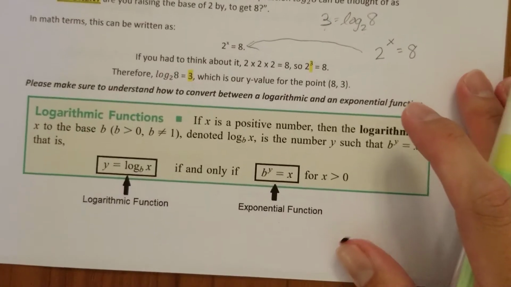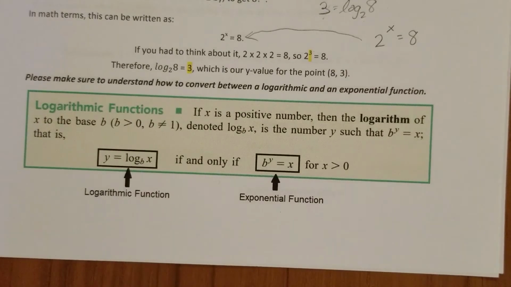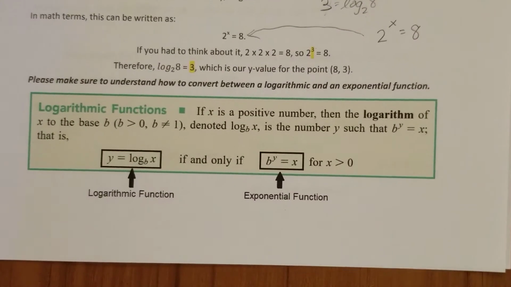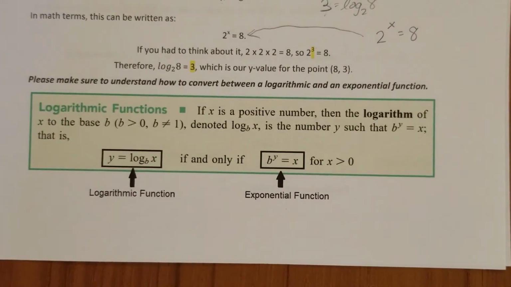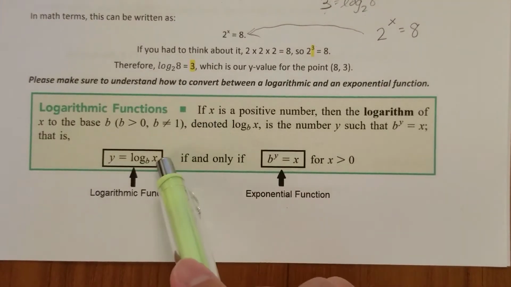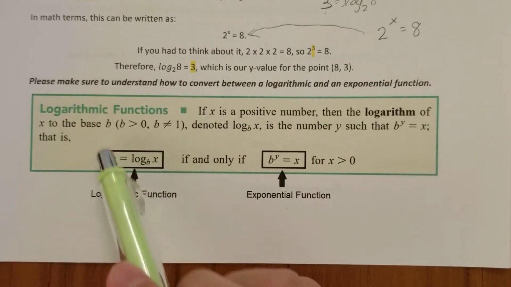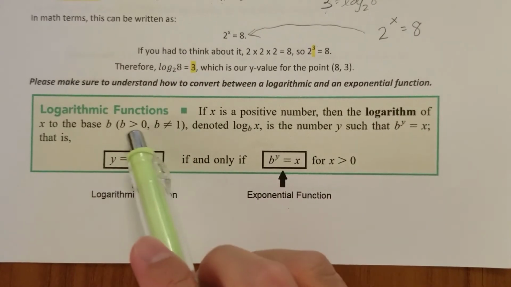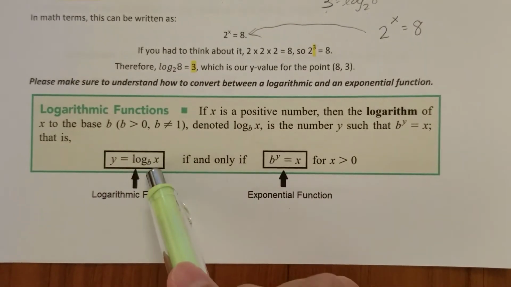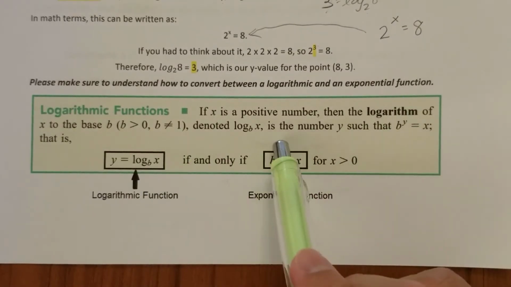Okay, so this definition is not in your textbook. I took it from a different textbook, but I like the way it presented it here. For a logarithmic function, if x is a positive number, then the log of x to the base b, where the base has to be greater than 0 and can't be equal to 1.